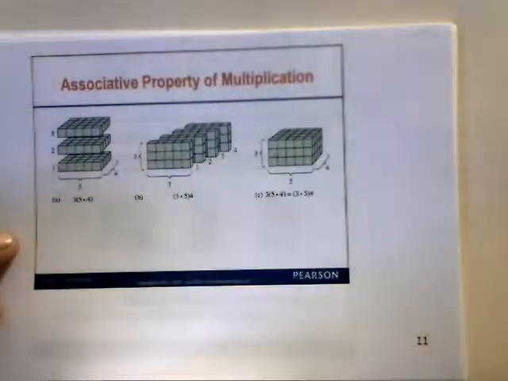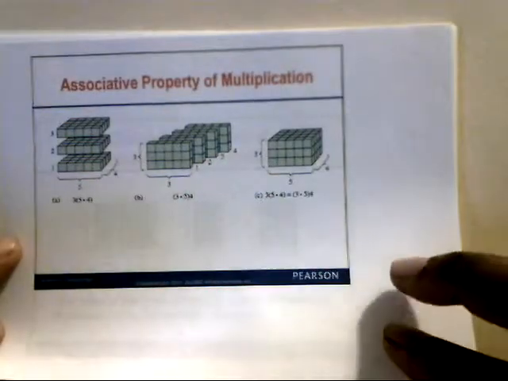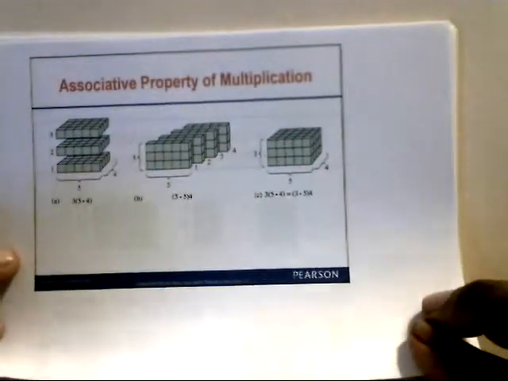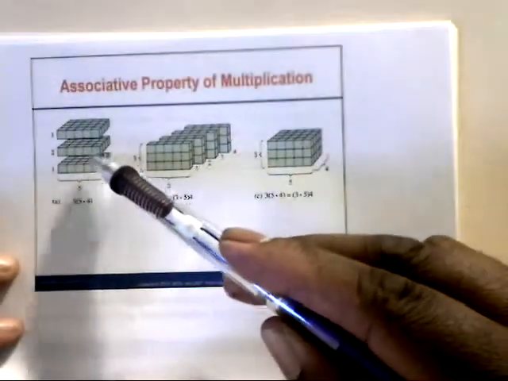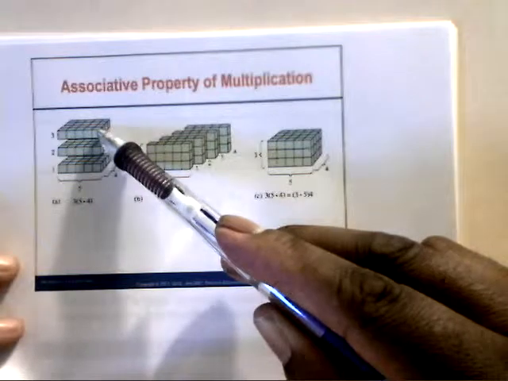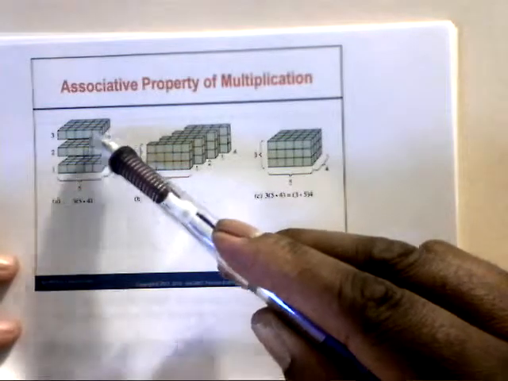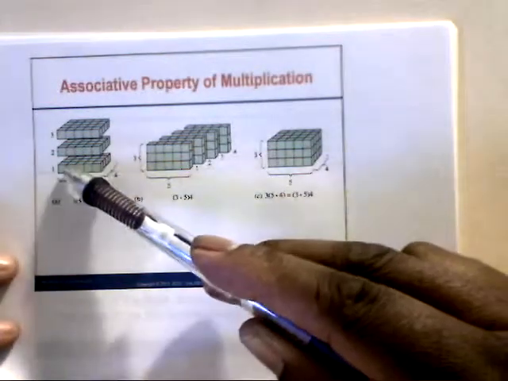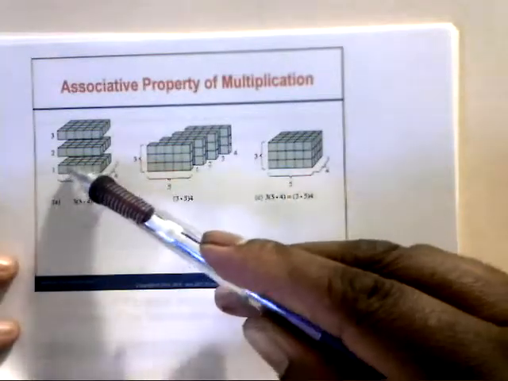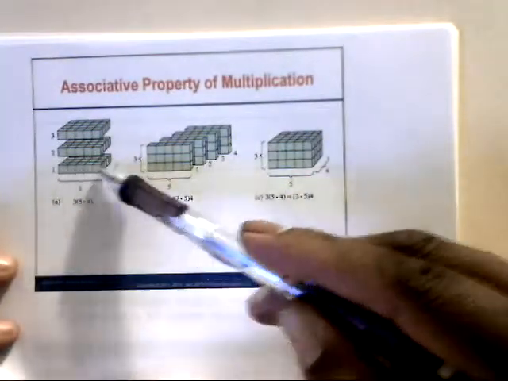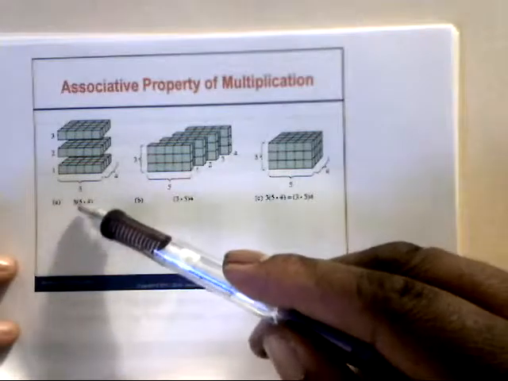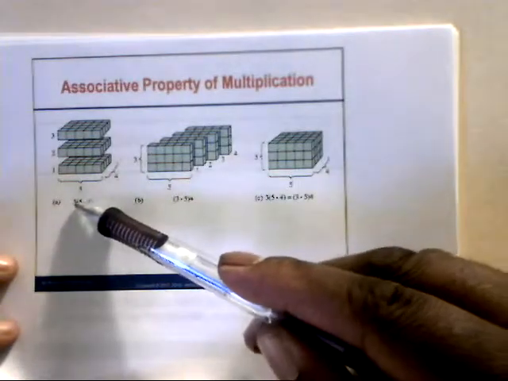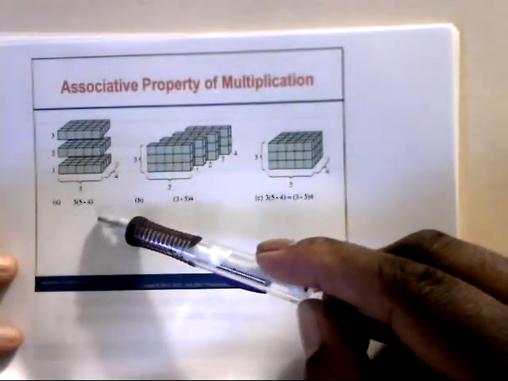Now the associative property is this. Let's say we have 3 stacks of boxes where you have 4 rows of 5 boxes. That's 3 times 5 times 4, where the 5 times 4 is in parentheses.